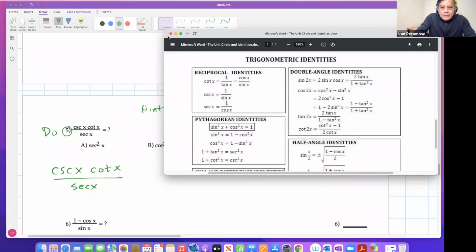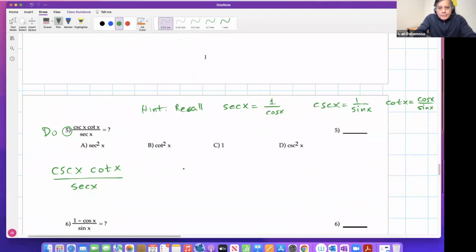Let me uncover the choices. So anybody figure this out, number 5? And remember, when you divide by a fraction, you multiply by the reciprocal of the fraction, right?